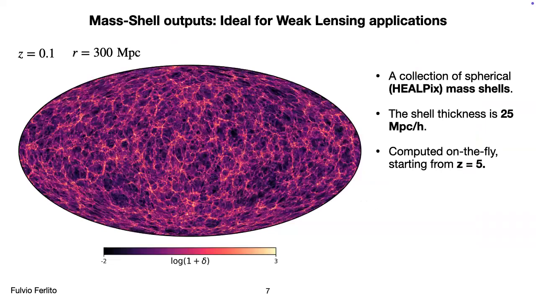These are the so-called mass shell outputs, which I also used quite abundantly during my PhD. And these are ideal for weak lensing applications, as we will see in a second. There have been many core papers about MillenniumTNG. We studied several domains of astrophysics, and now I will tell you just a bit about weak lensing.